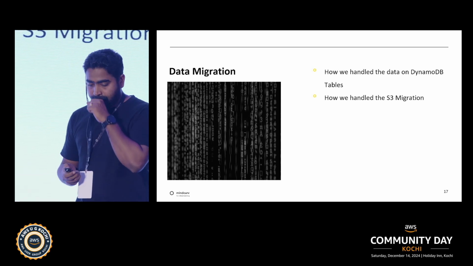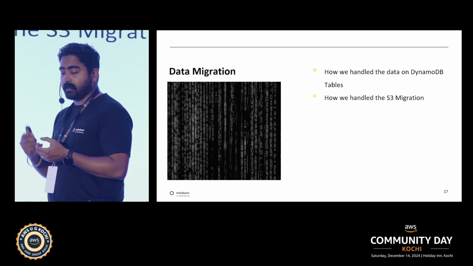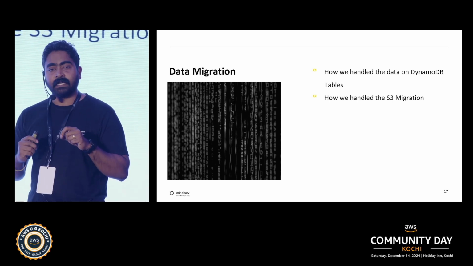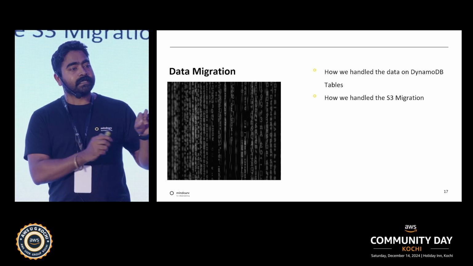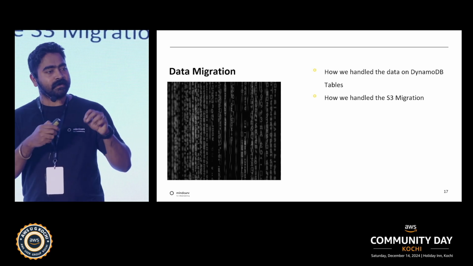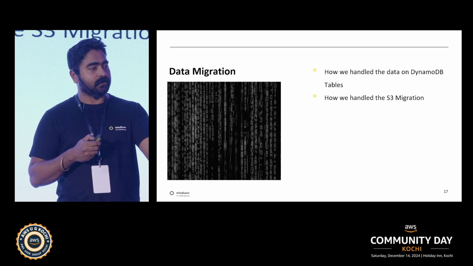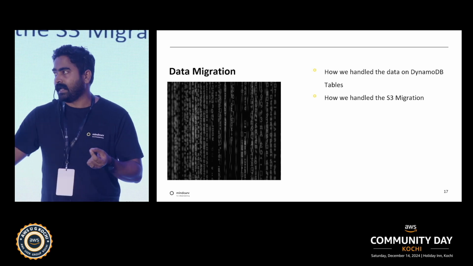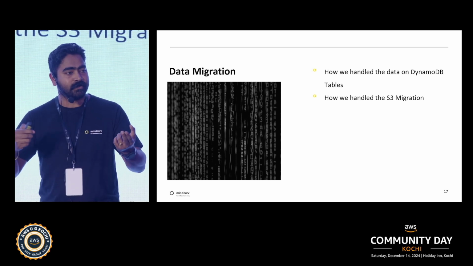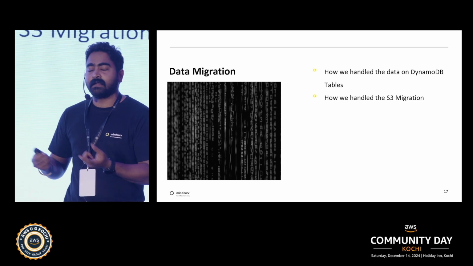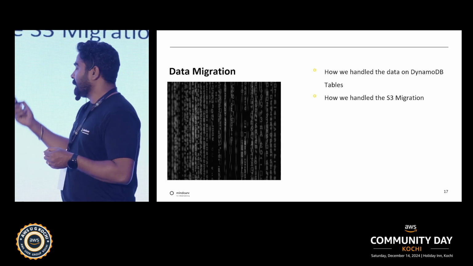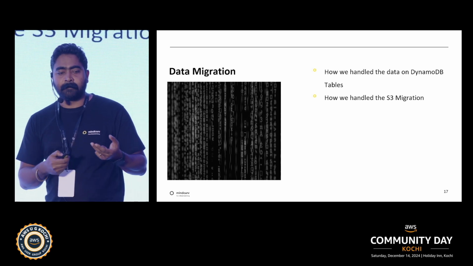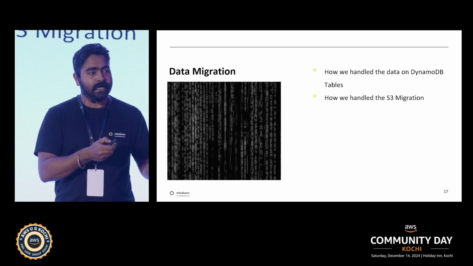And for the DynamoDB tables, we were fortunate in that case, I would say, because there is no live write happening. The application is not writing anything directly to those tables. If it were writing live, then we would need to enable some live synchronization, and it would be more complex than we thought. How they handle the DynamoDB tables is they are using a combination of Lambda and S3.